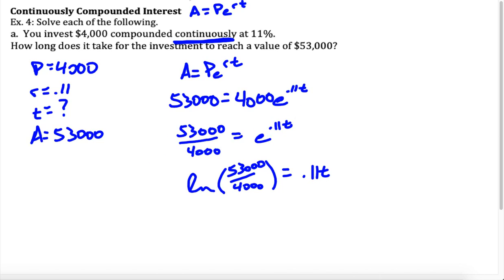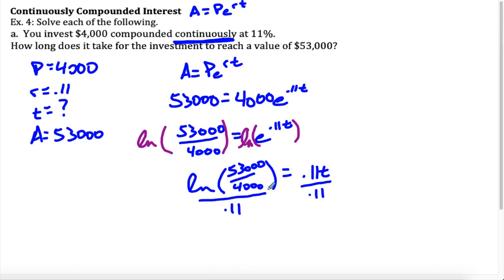If I take the log base e of both sides, or the natural log, we said, well, if we have the same base of the log and the exponential, they essentially cancel each other out, and then we're just left with the exponent. So then the last thing to get t by itself would be to divide both sides by 0.11.